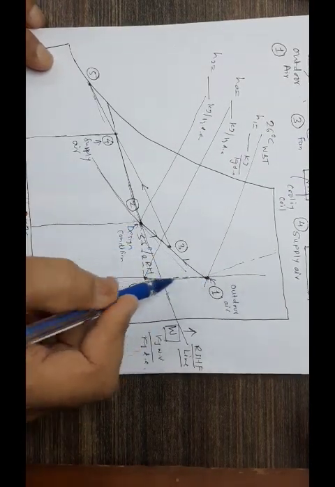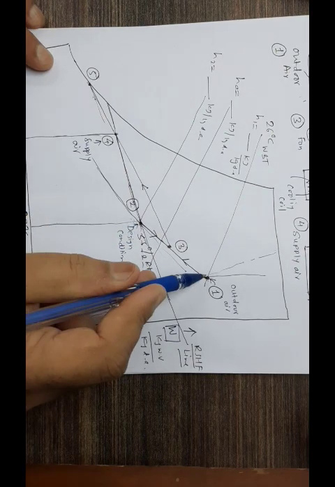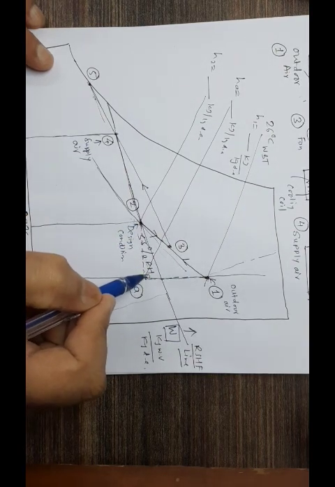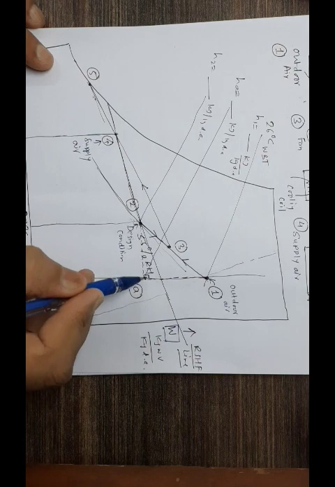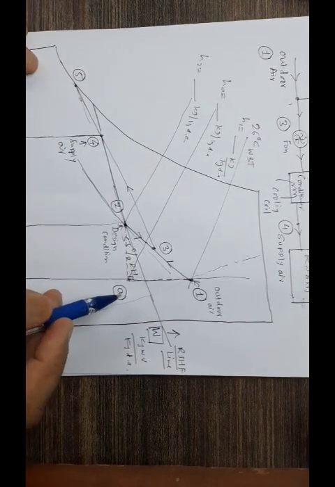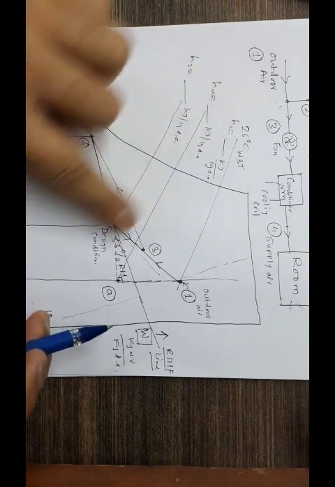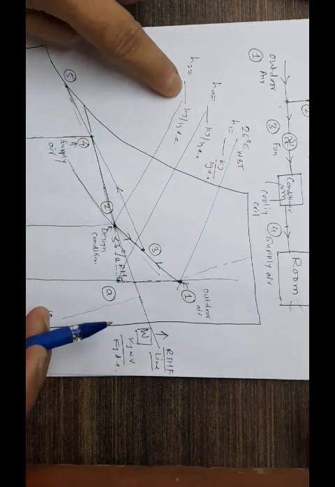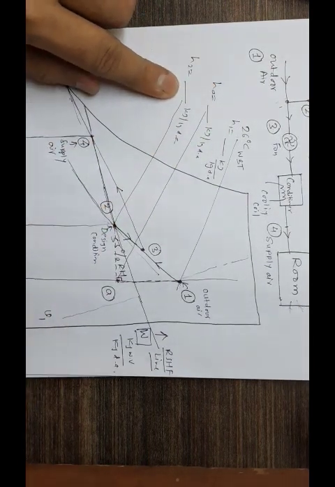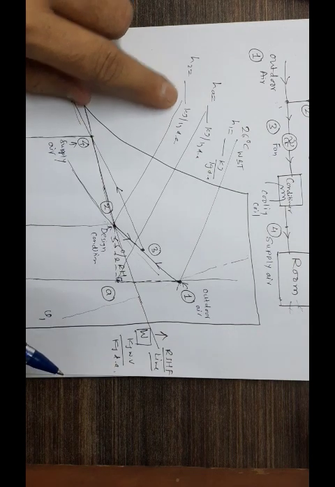We can construct a right angle triangle here with A as the point here. H1 will be the enthalpy corresponding to point 1, and H2 will be the enthalpy of the air corresponding to point 2. That much heat has been added.